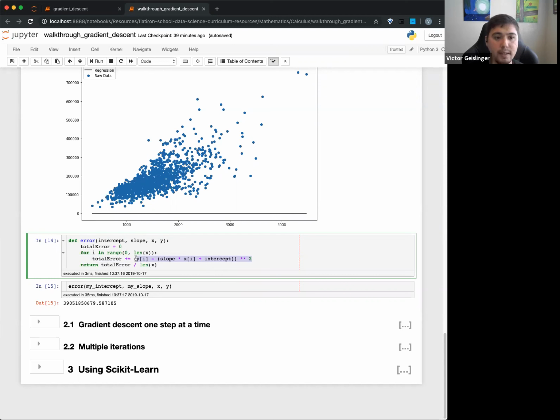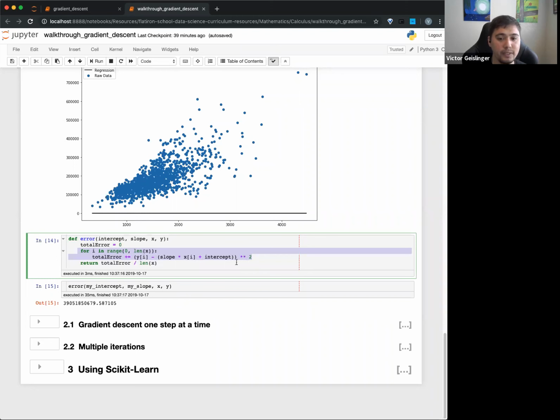The reason is that if you have value A and value B, and value A is larger, then if you take the square root, B will still be smaller than A. So it doesn't really affect us, since all we care about is getting the error smaller. So we're just skipping over that part. But this is really close to what we pretty much do. It's just a slightly simplified form.